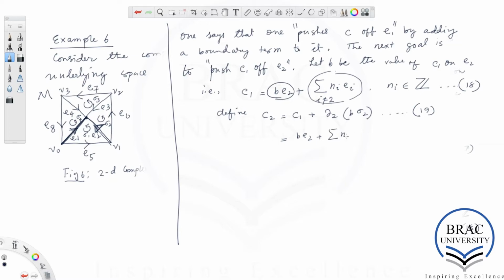of all the terms Ni, Ei, where I is not equal to 2, plus, now this is B times delta 2 sigma 2. You take the boundary of this 2 chain, and this is going to be E6 plus E3 minus E2, right?